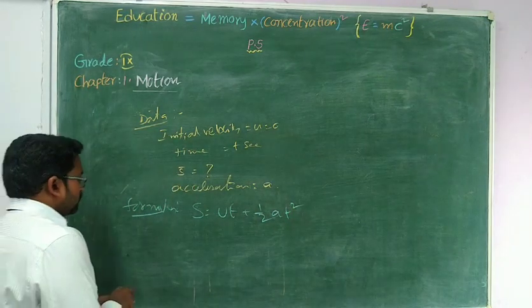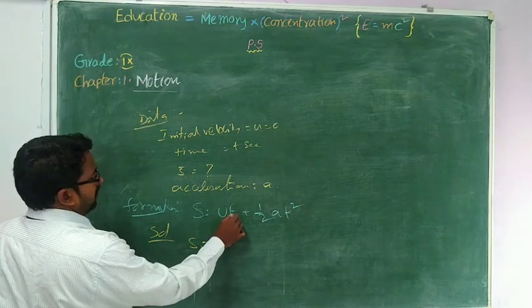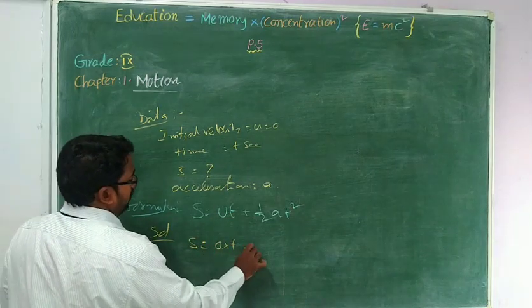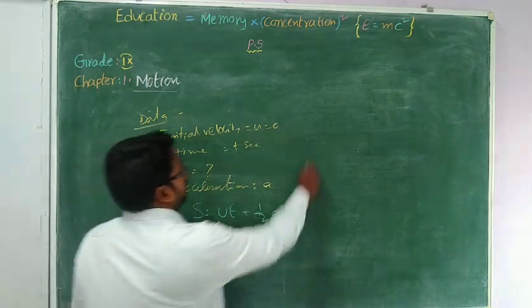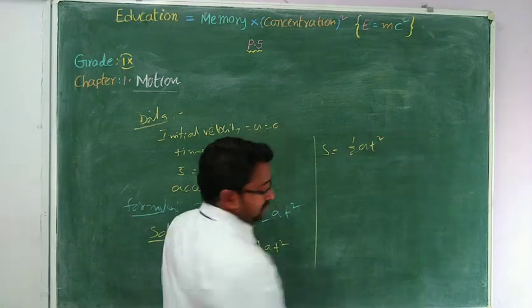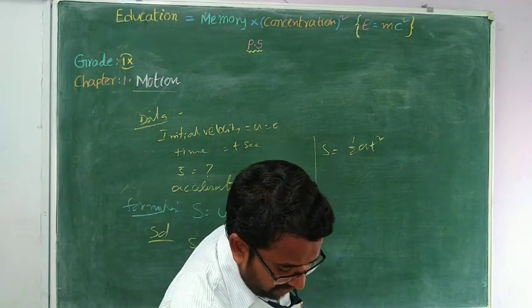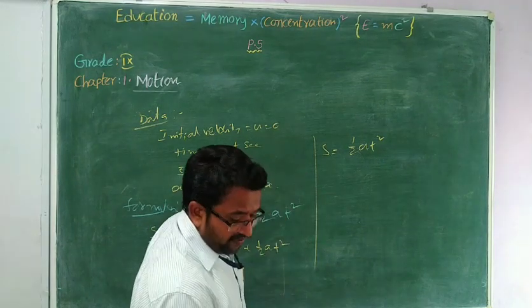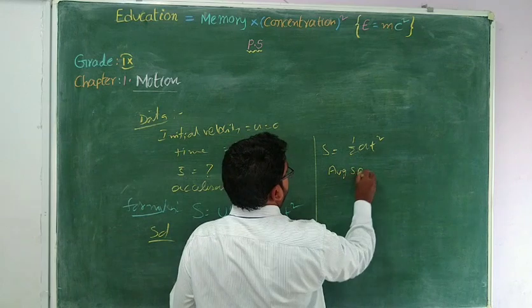Then go for the solution. S is equal to 0 into T plus half into A into T squared. Now it becomes S is equal to half AT squared. What is the requirement now? Find the average speed.